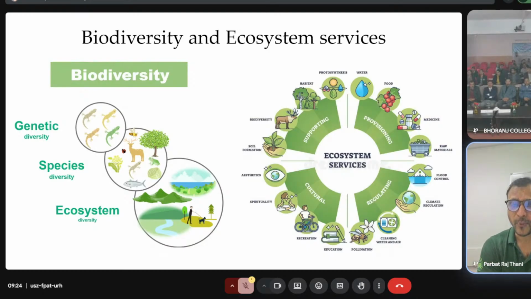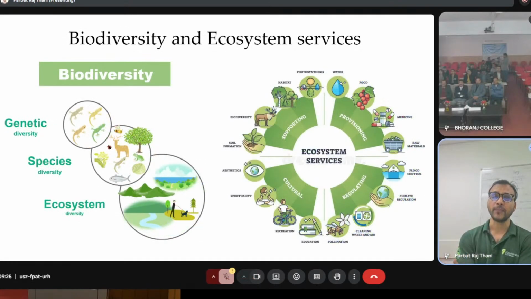So they are generally provisioning services, and regulating services means what it regulates. For example, nutrient management, and even climate. It regulates carbon by sequestering it, and different other systems inside it, for example pollination. Another is cultural services we get from the forest.